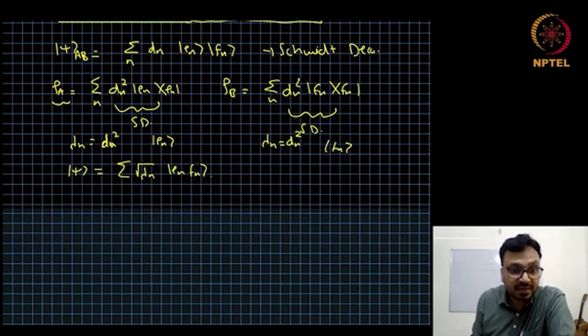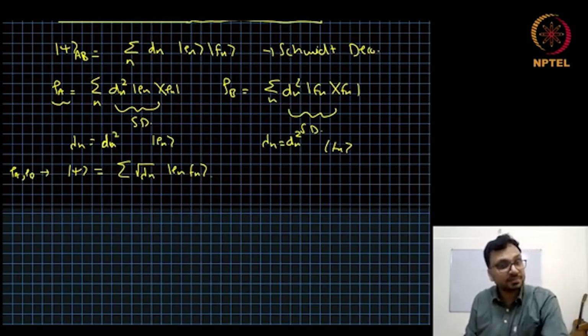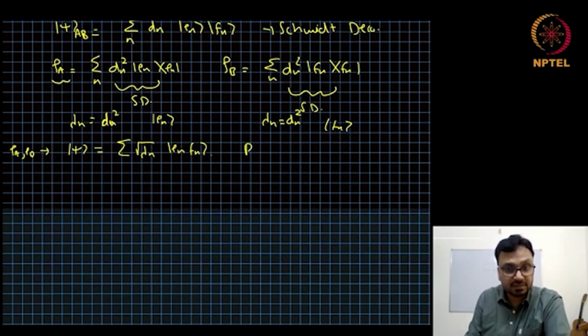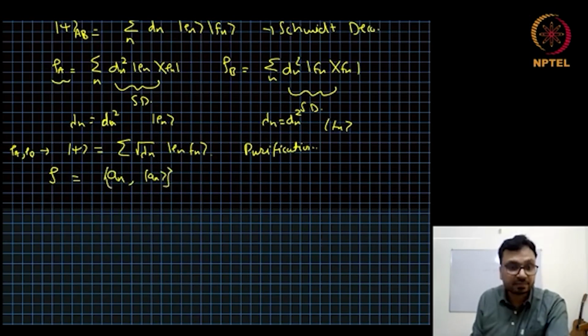So in that way, the connection of the mixed state rho A, rho B to the pure state psi is called purification. Let us say I am given rho such that a_n are the eigenvalues and a_n are the eigenvectors of this density matrix.